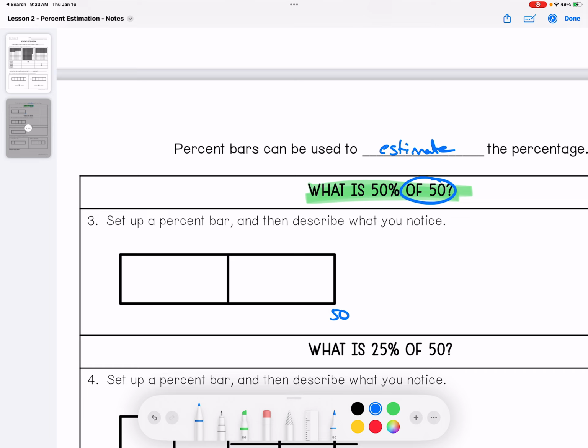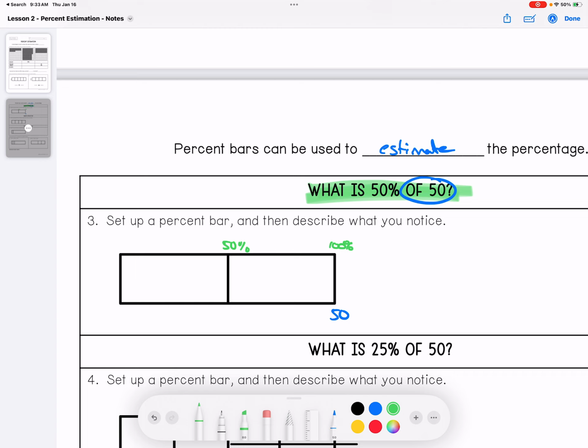So at the top up here, we know that 50 is 100% of the whole. That's 100%. It's full. Well, they went ahead and drew us a line in the middle. What do you think that is? It looks like it's right in the middle, which would be what? 50%, right?